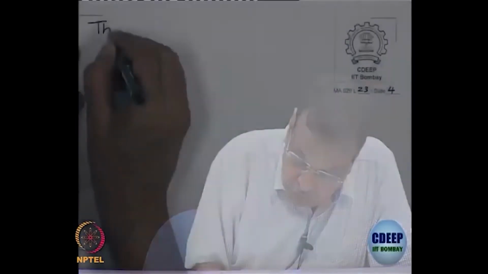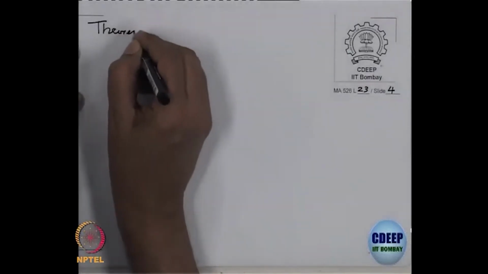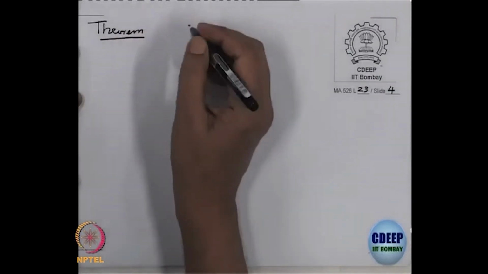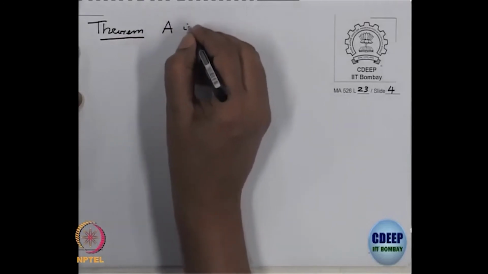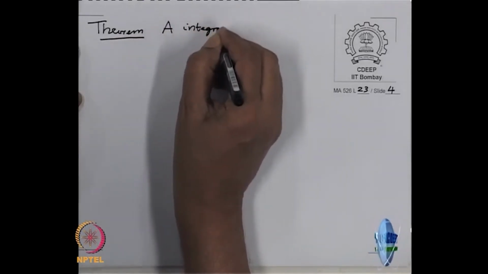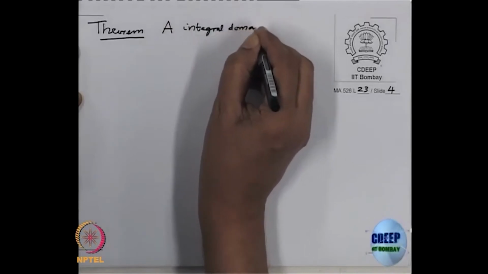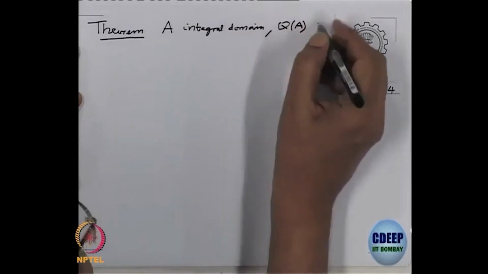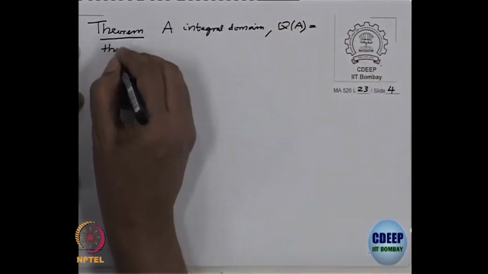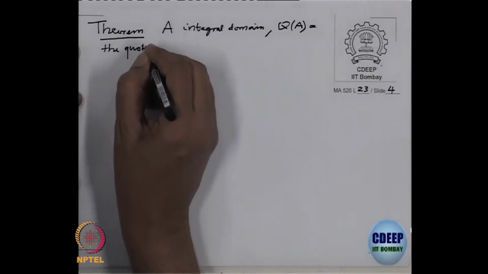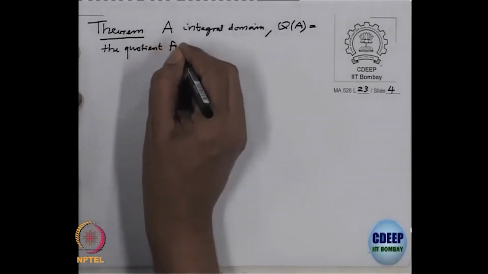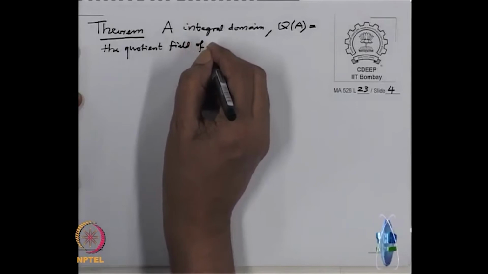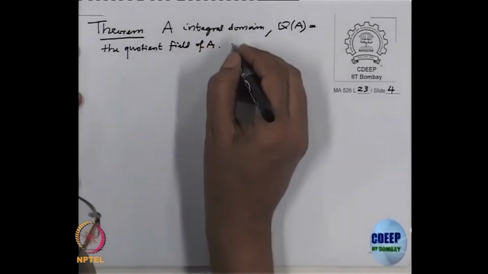So, that is the theorem. This theorem we will prove. This gives a characterization of discrete valuation rings. So, A is an integral domain, and Q(A) is the quotient field. Then the following are equivalent.